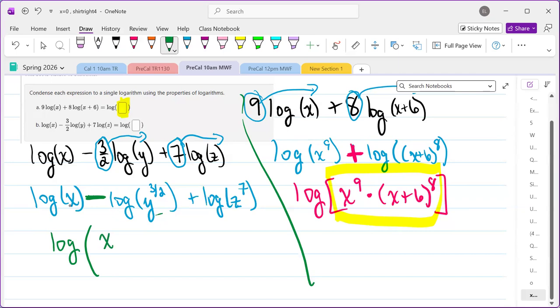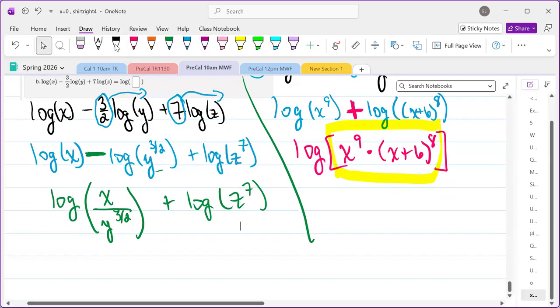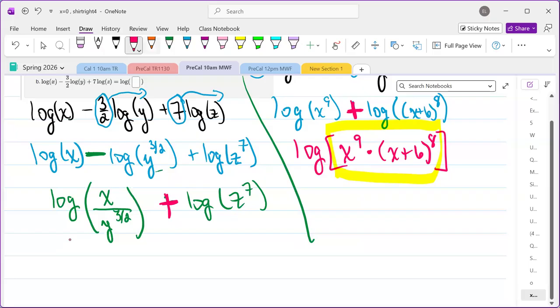I'll have the first thing x divided by the second thing y to the 3/2. All right, and then my plus tells me that I'm going to multiply these two results. So it'll be one single logarithm, x over y to the 3/2 times z to the 7th.